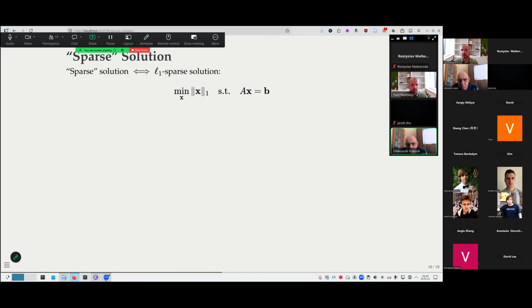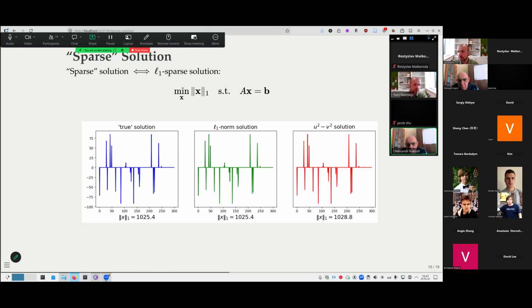So in particular, let's say I generated some linear system. Here on the left is the true solution, and this is the norm of it. The green one comes from solving the minimization of the L1 norm. And the red one is what I get if I minimize with gradient descent on the previous problem. This is what they call the u squared minus v squared solution.